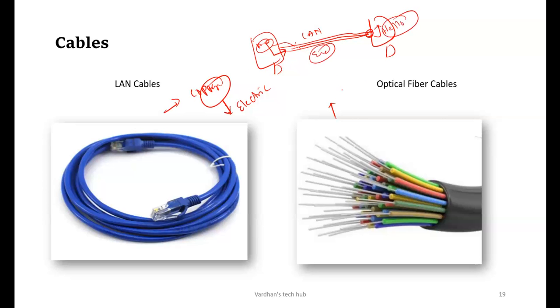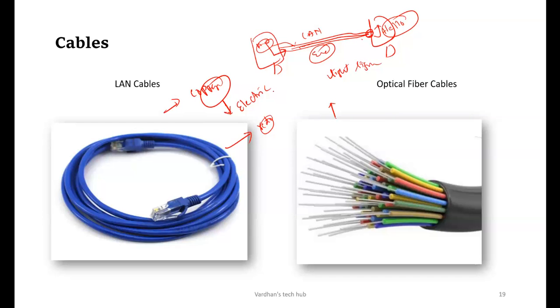So with a LAN cable, the signal goes as an electrical signal. But in the case of optical fiber cables, if you connect an optical fiber cable between source and destination, like between computers, it is a light signal. The drawback is that for LAN cables, the redundancy, meaning withstand capability, is more because it's a copper wire, and you can even fold it without any issues.